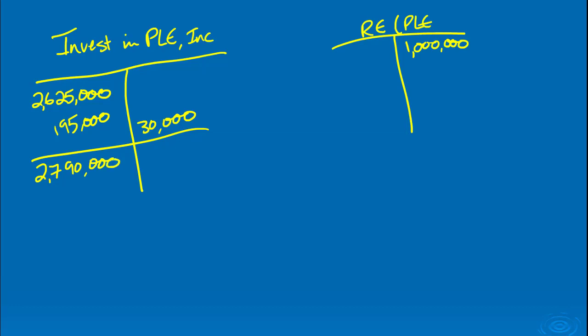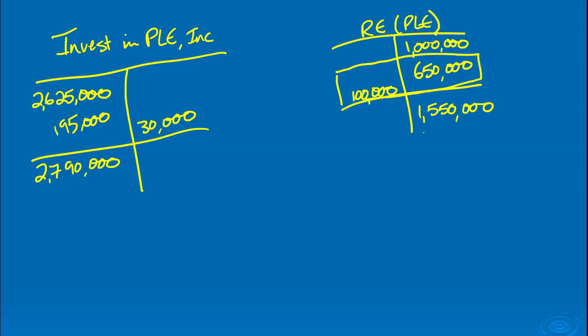In the meantime, PLE has recorded profits of $650,000 and paid out dividends of $100,000. So they end up with $1,550,000. Now, if you look at this, the net change here is $550,000.